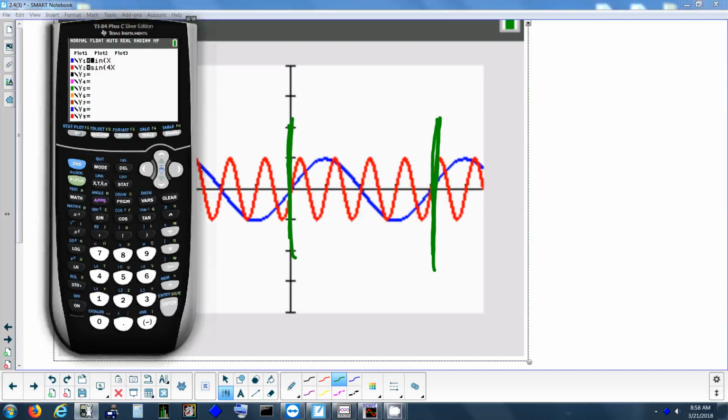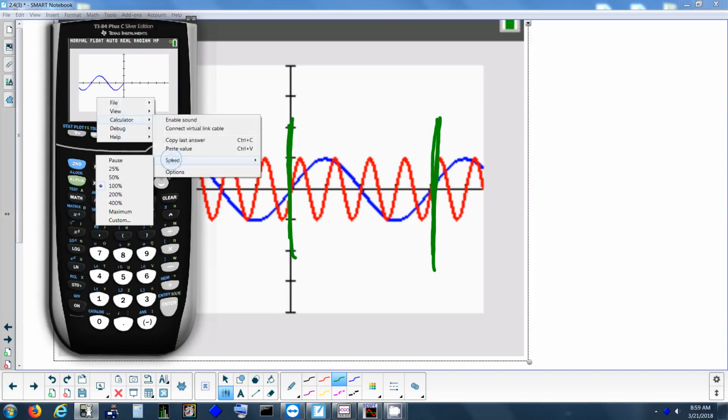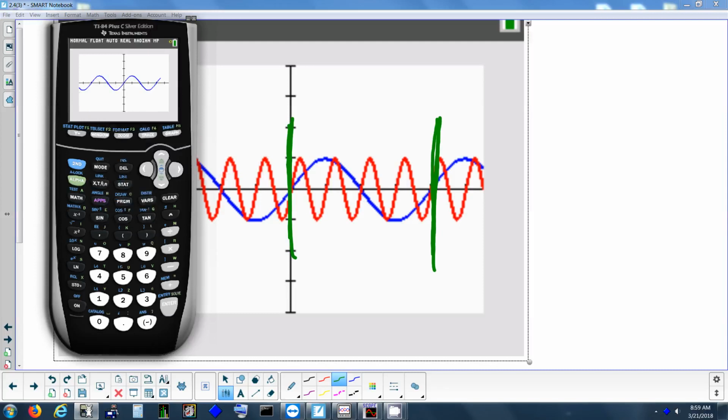If you make the number smaller, okay, like let's put in 0.5x, what do you think a number less than 1 is going to cause the graph to do? Yeah, it's going to get bigger. It's going to stretch out. Okay, so there's the original. And now here's the one in red. It's been stretched out.